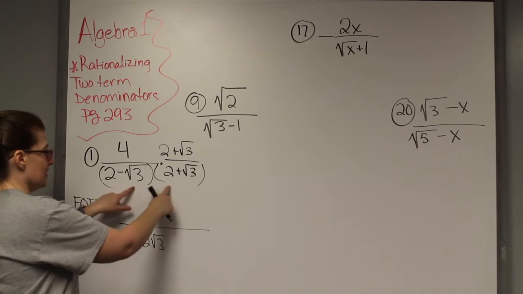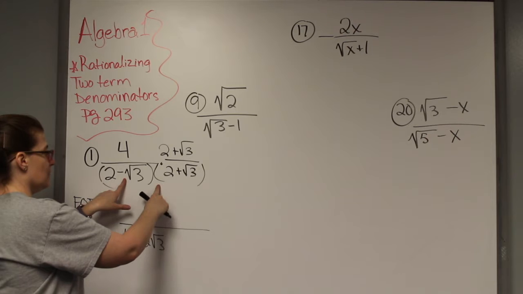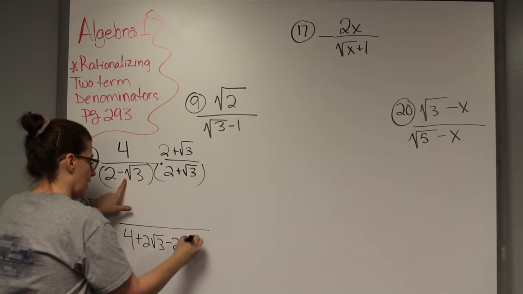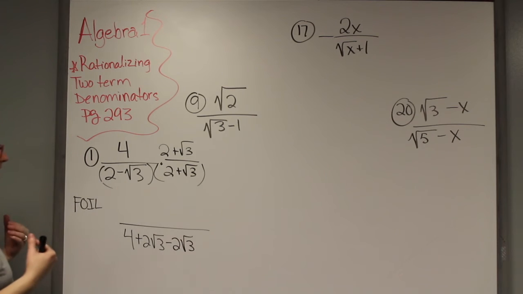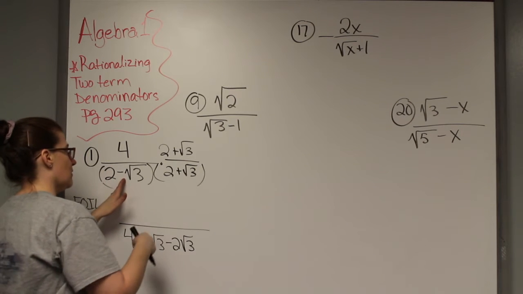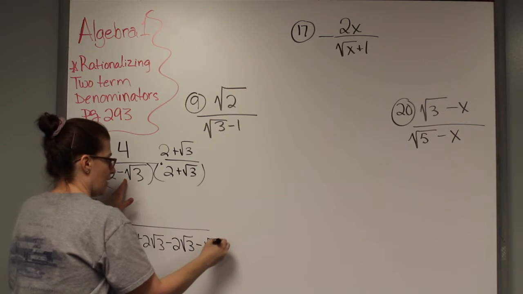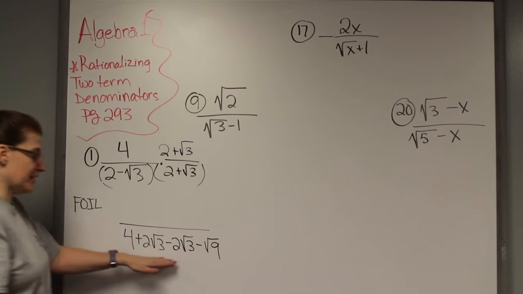The I is the inside, which would be a negative radical 3 times a 2. So that's negative 2 radical 3. And then the last would be a negative radical 3 times a positive radical 3, which will give us a negative radical 9. I have not simplified that yet.